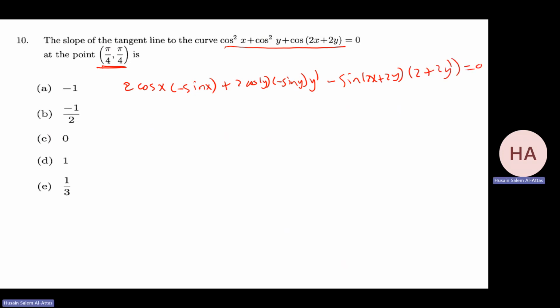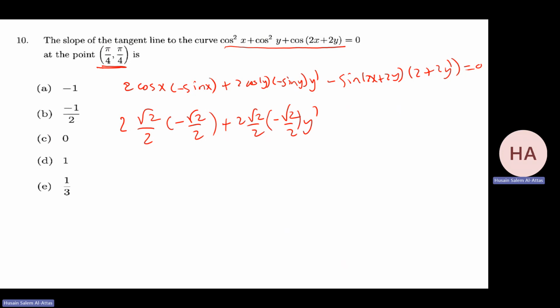That should be equal to 0. Now substitute pi over 4 for x and y. That will be 2 root 2 over 2 minus root 2 over 2, plus 2 root 2 over 2 minus root 2 over 2 y prime.